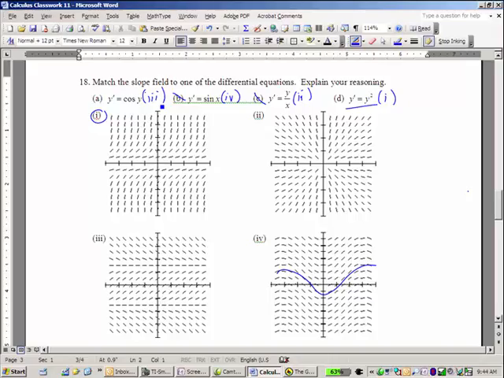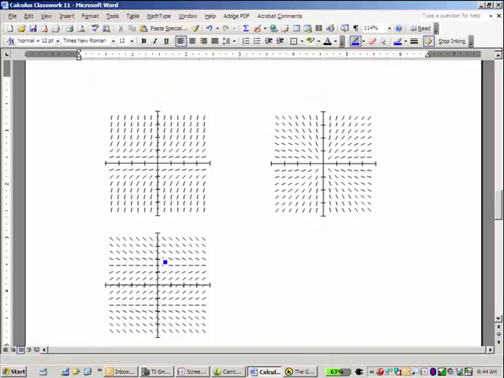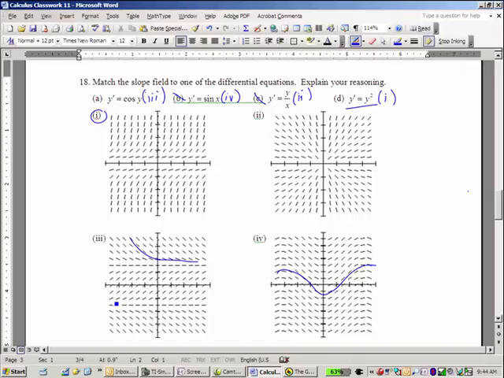I don't know how we'd reason through A if we didn't eliminate the other ones. It does some weird things.